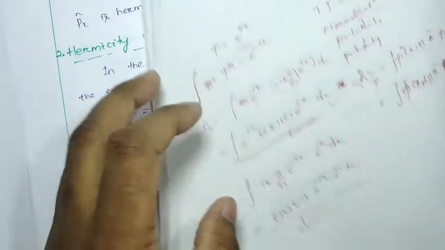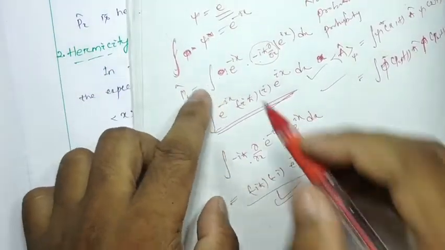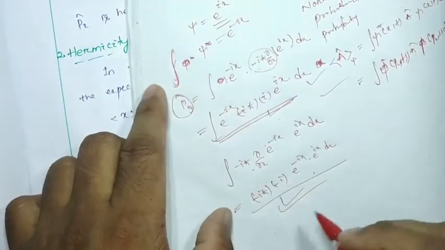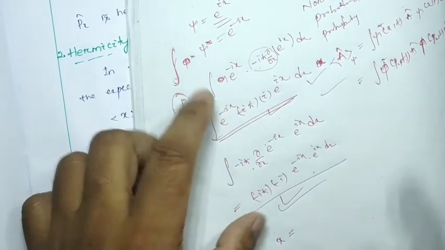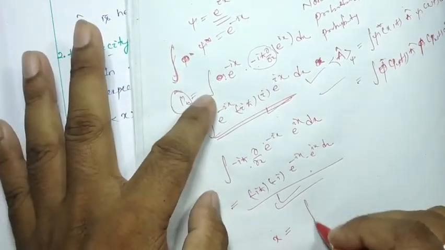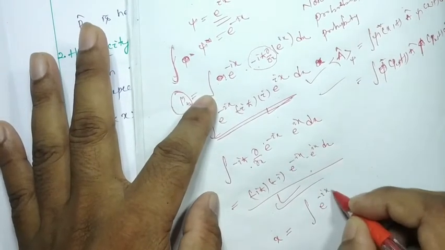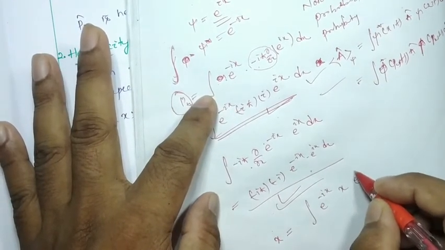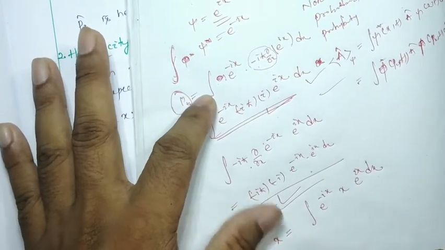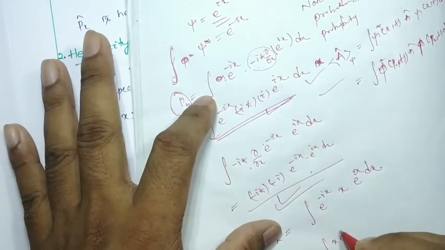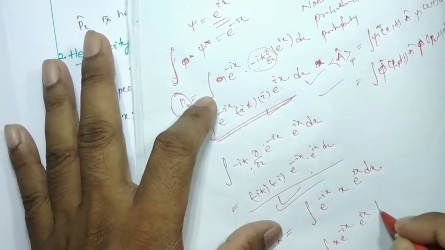But in case of x, instead of px, if we consider x, there will not be that much problem. If we write x e to the power minus ix e to the power ix dx, this will be equal to x e to the power minus ix e to the power ix dx.